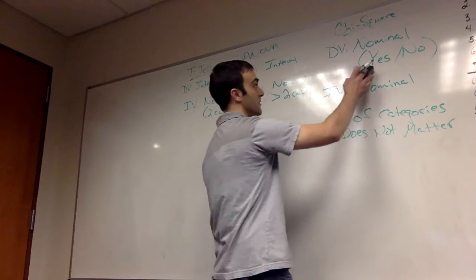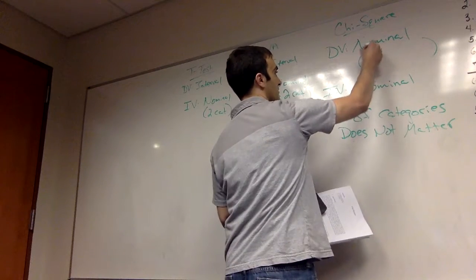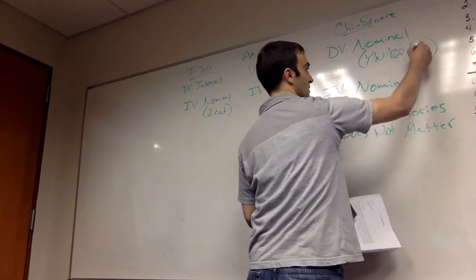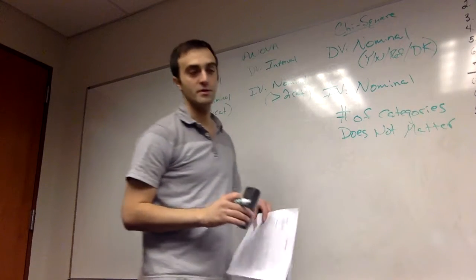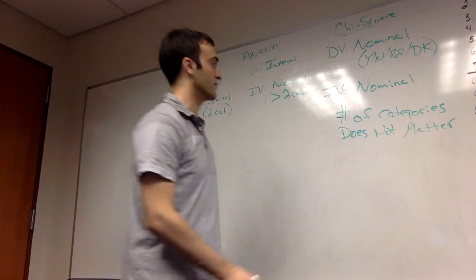So for a dependent variable, whether or not you voted, you could have yes, no, refuse to answer, or don't know. Still nominal level variable, 4 different categories.